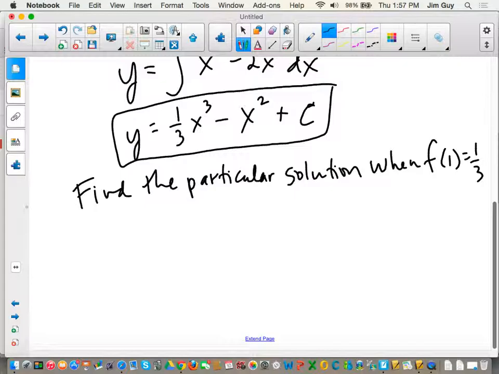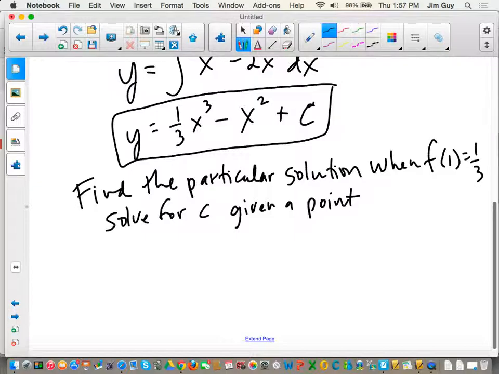What that means is you want to solve for c given a point. They have to give you 1 point. If they give you 1 point, you can plug that point in and then find the c value that would work for that point.